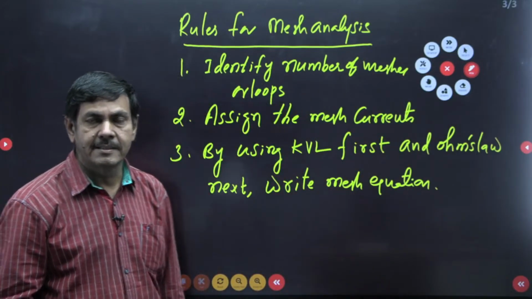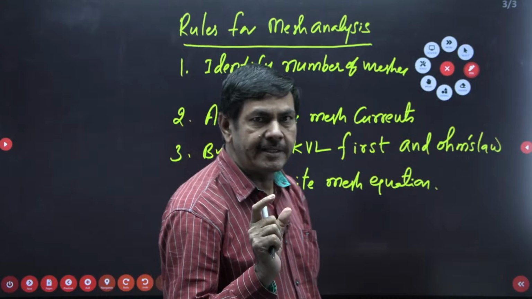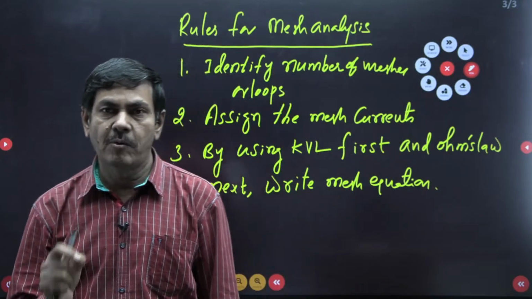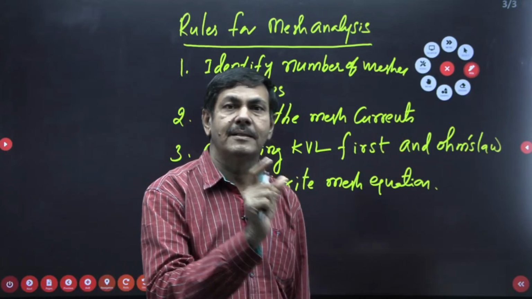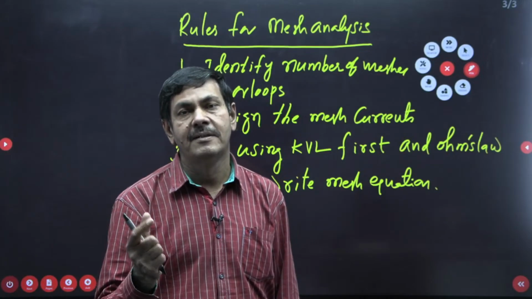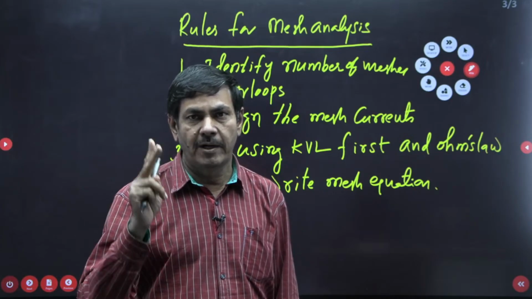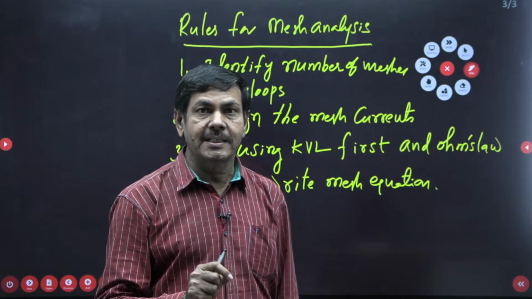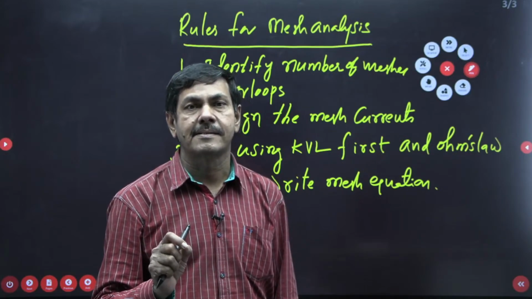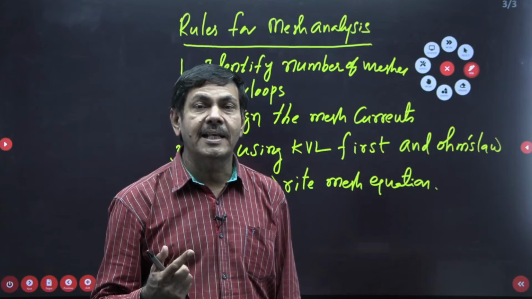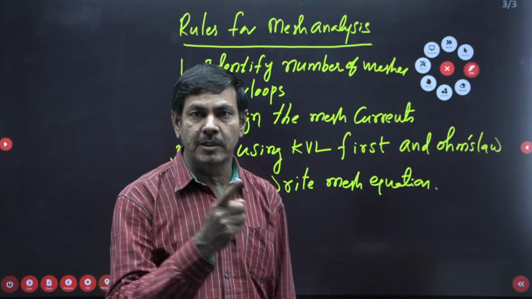When a network is given in your hand, you need to identify at first how many loops or meshes are given. That is point number 1. Point number 2, you assign the mesh currents or loop currents. The direction of the currents is rule number 3.